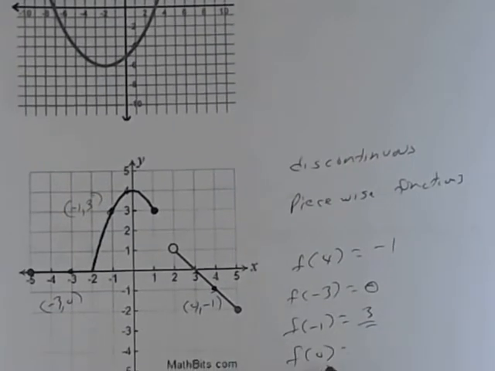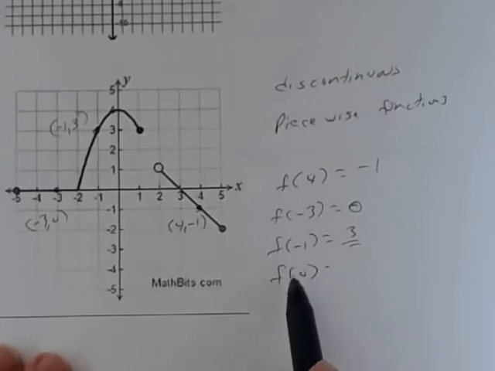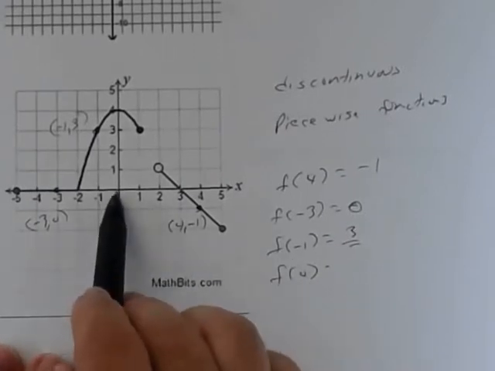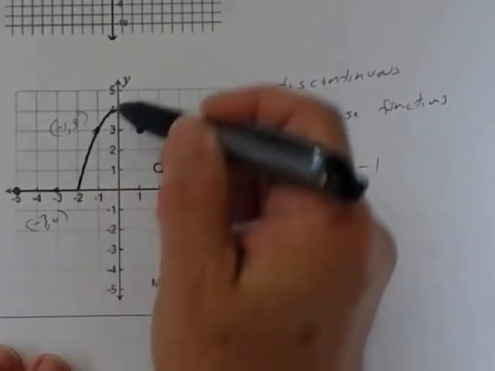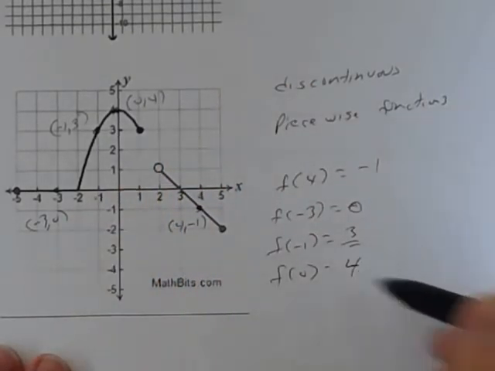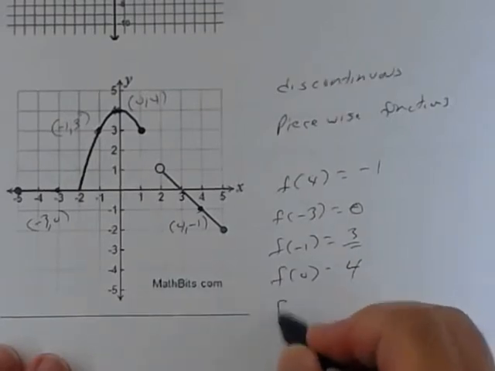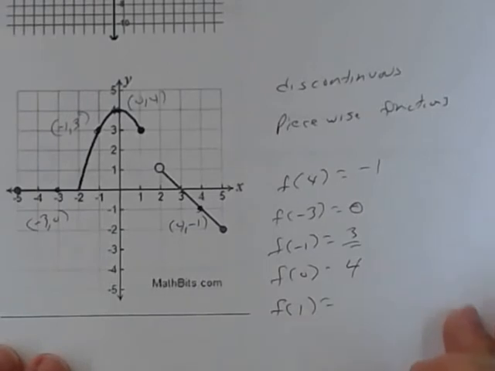Remember that says find the y value when x is 0. So x is 0 on the y-axis. What's that point right here? That's 0, 4. So the y value is 4. Okay. All right. Now listen carefully. What is f of 1? Okay. Y'all agree f of 1 is 3, correct?